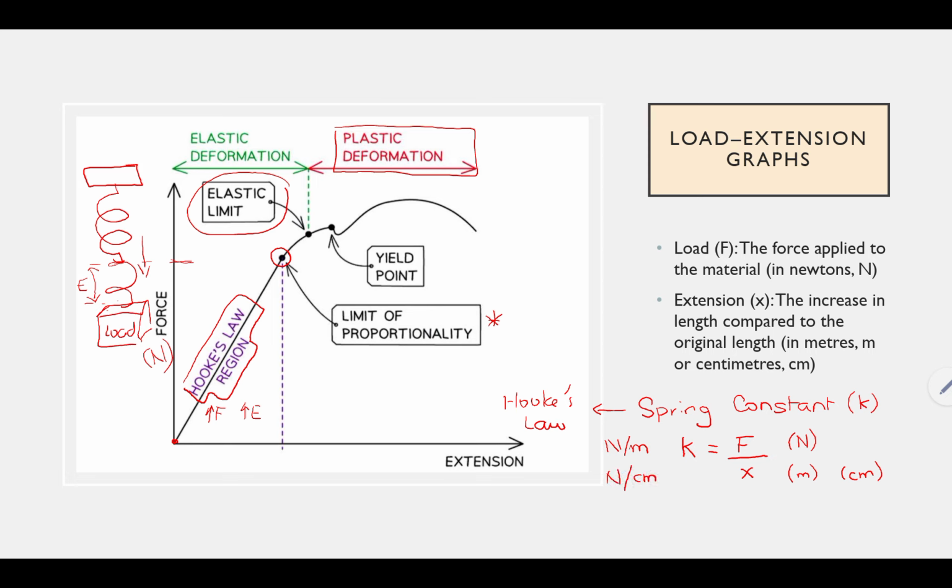Okay? Clear? So what is spring constant again? It's the relationship between force and extension during Hooke's law region only. After that, we cannot apply this law of spring constant to the region after the limit of proportionality.